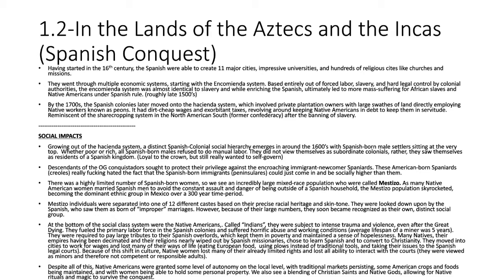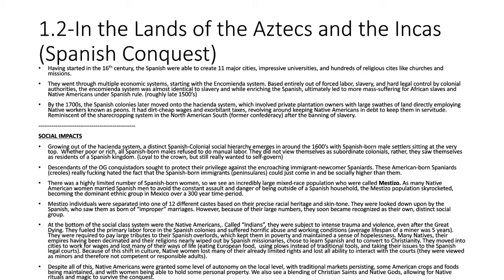And the Spanish guys essentially go, well, shit, what do we do? And they decide that the Native American women should suffice, which is a pretty screwed up way to think about things, but the impact is somewhat positive. It leads to a very large mixed race population who are called the mestizo.